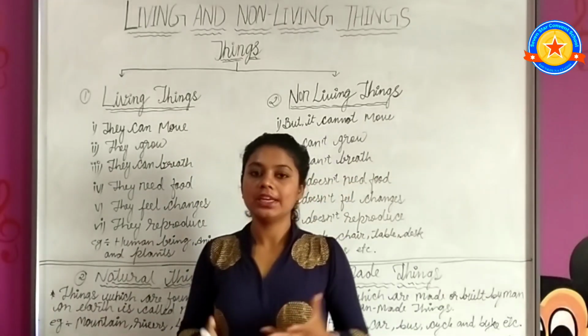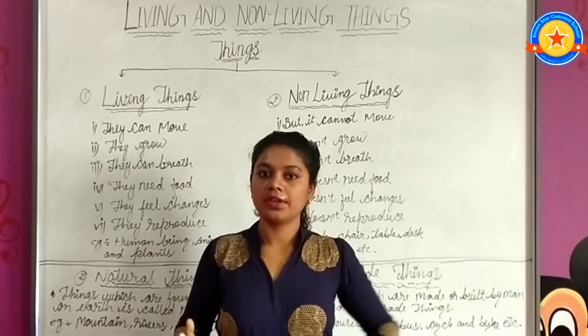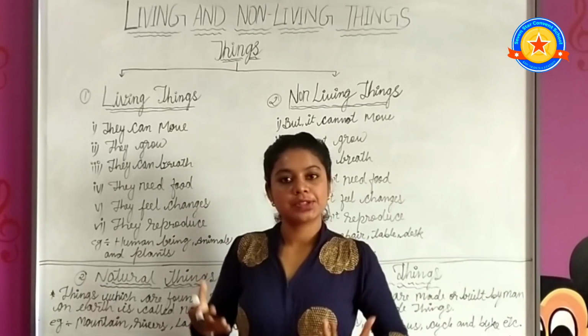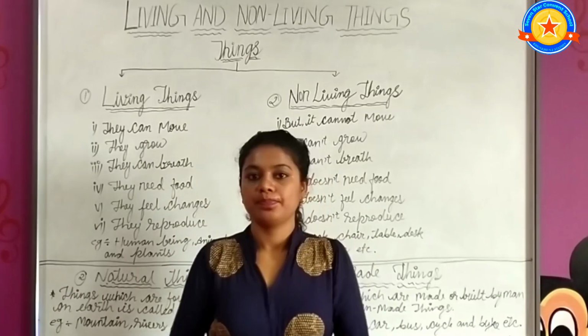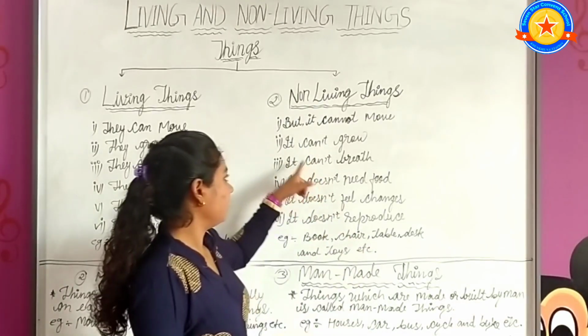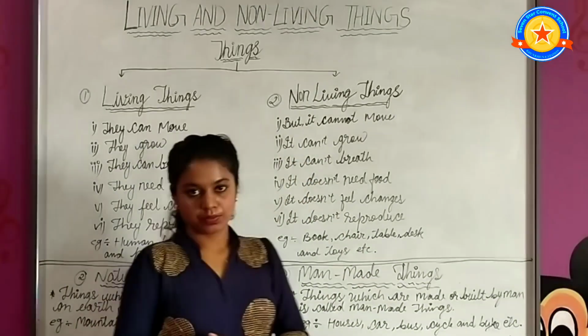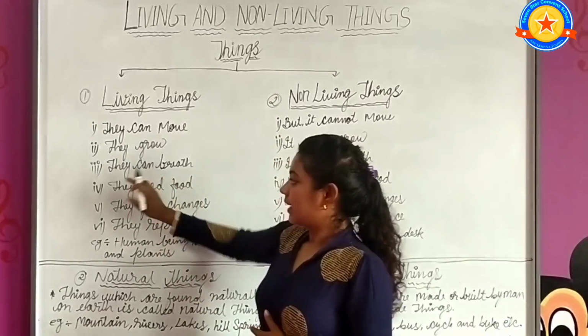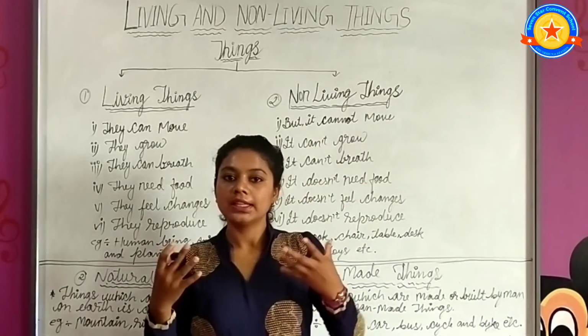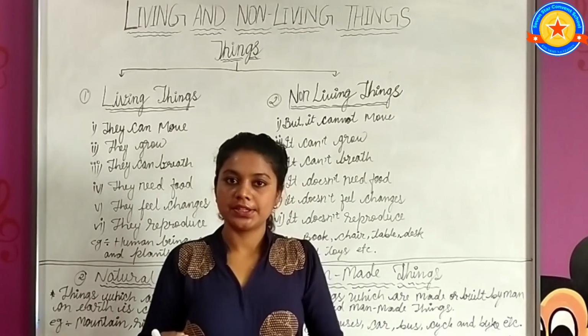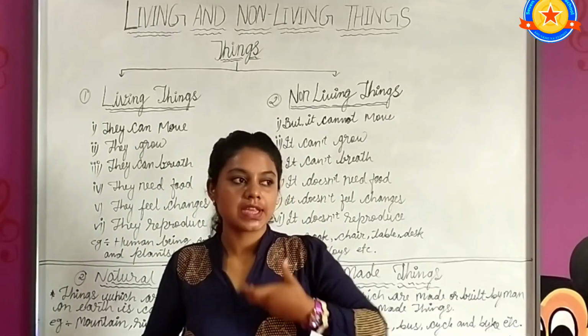Next, living things can grow. Yes, of course, we know living things can grow. We, the human beings, the plants, the animals, grow in their own time. Non-living things cannot grow. The third one is that living things can breathe. Yes, all the living things can breathe air inside of them.